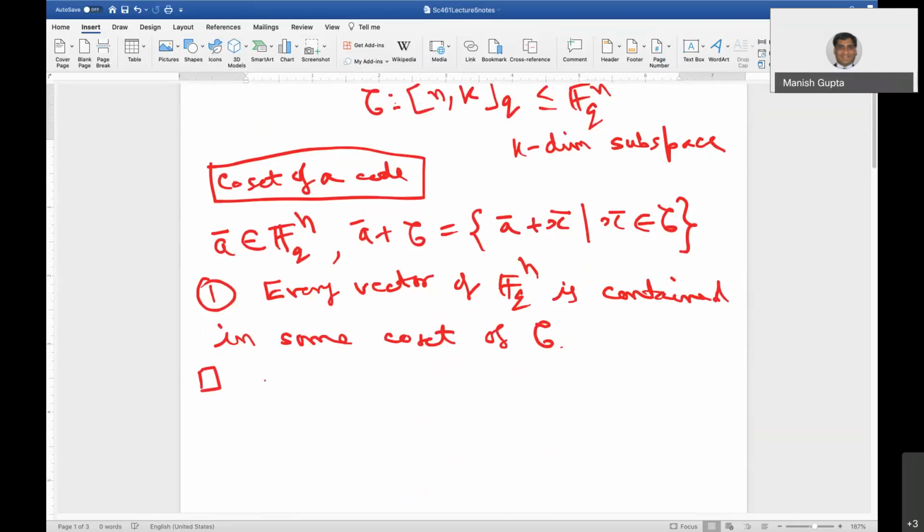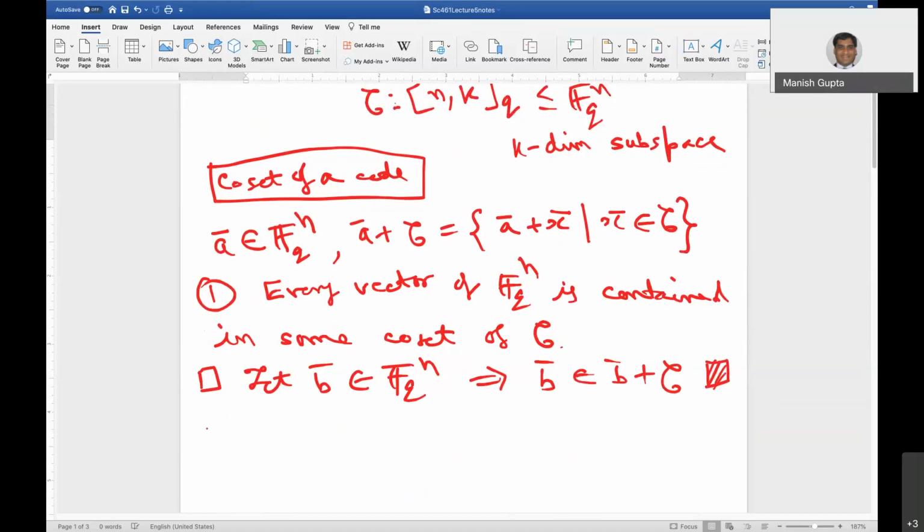Let me prove it. If you take B to be a vector of F_q^n, then certainly B belongs to B plus C, so I can form a coset B plus C. So every vector B, an arbitrary vector, belongs to some coset. We are done with this proof.